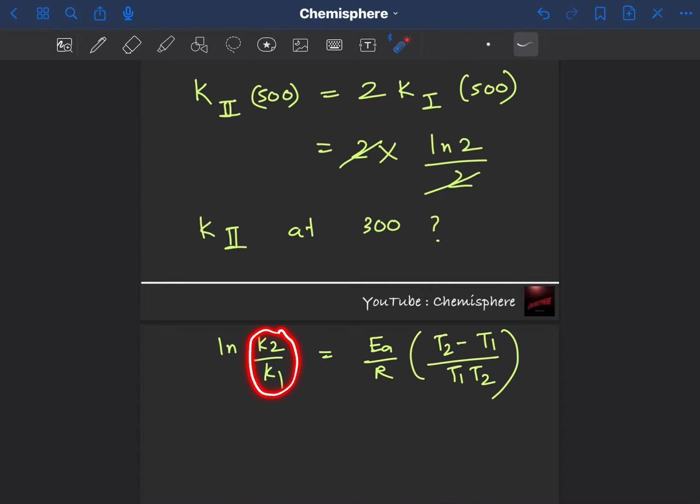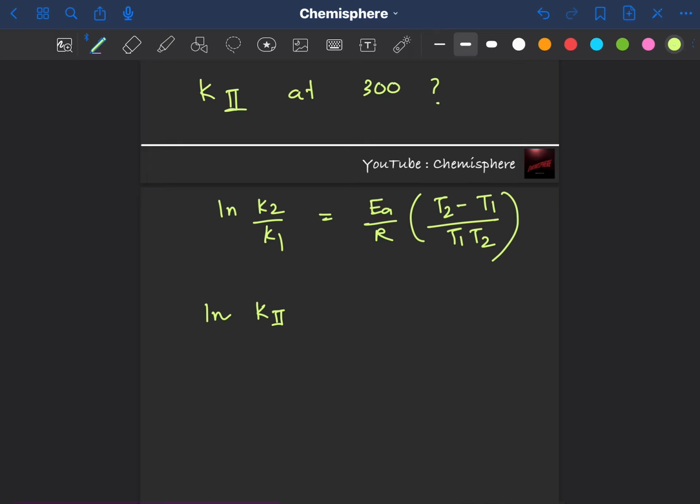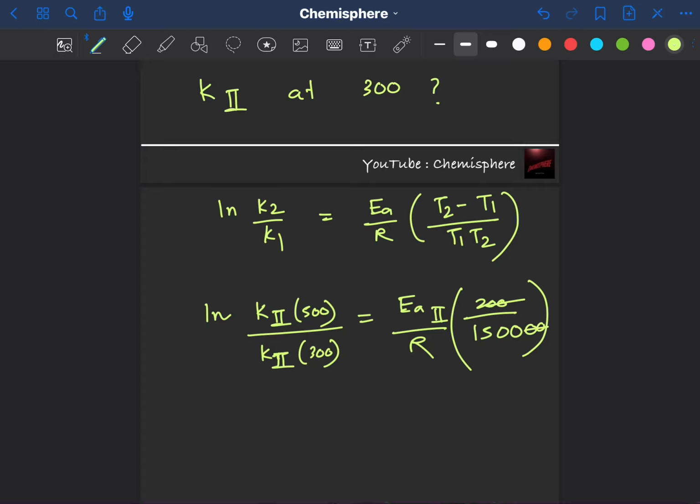So we can rewrite this equation as ln of K2, that is the rate constant of the second reaction at 500, divided by K2 at 300, will be equal to obviously EA2, because we are talking about the second reaction now, and the temperature term will be 200 divided by 150000, so 200 is gone, and you'll be left with 1 by 750.